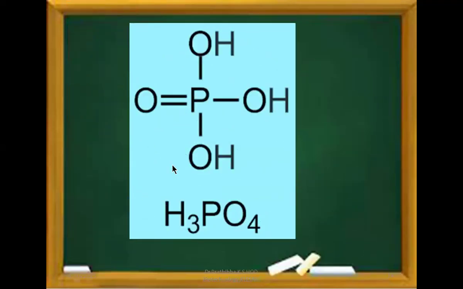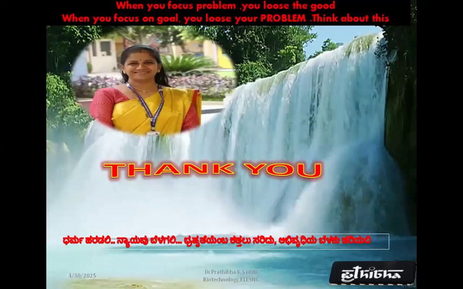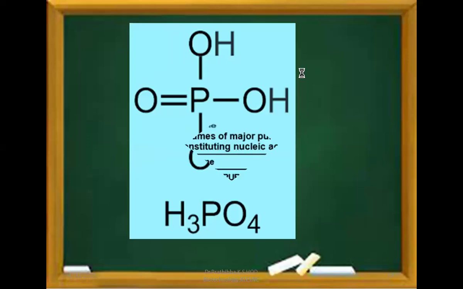As the name suggests, there's the presence of one phosphate molecule and 3 hydrogen. H3PO4: 3 H, 1 phosphate, 4 oxygen. This H3PO4 is a part of nucleic acids, one of the components of the nucleic acid.